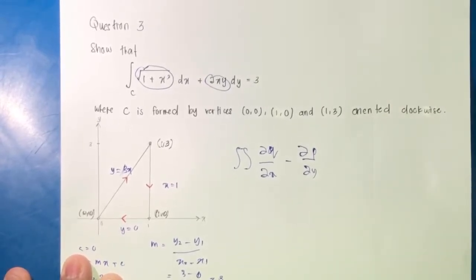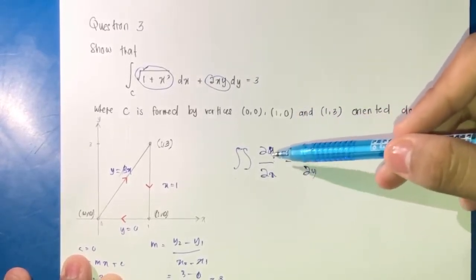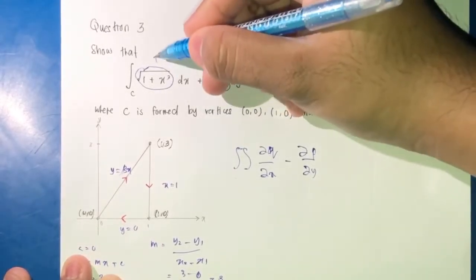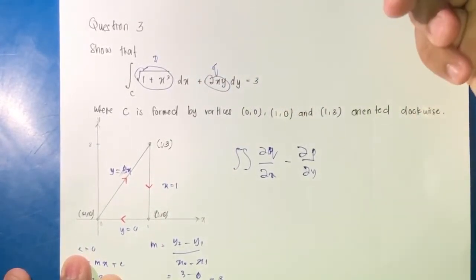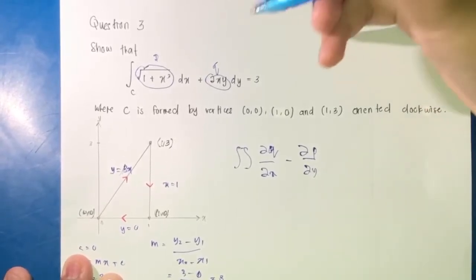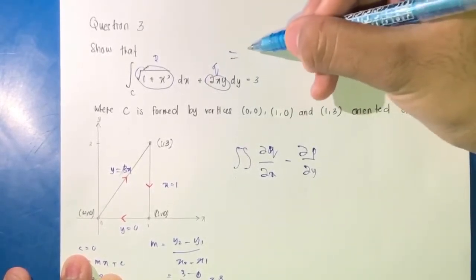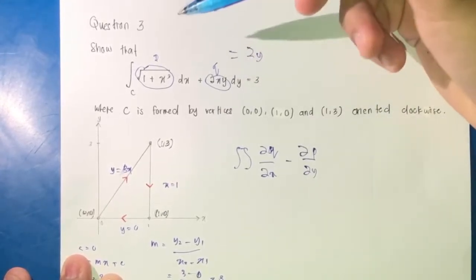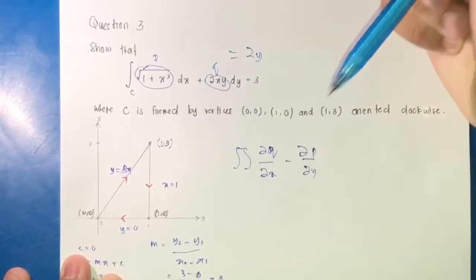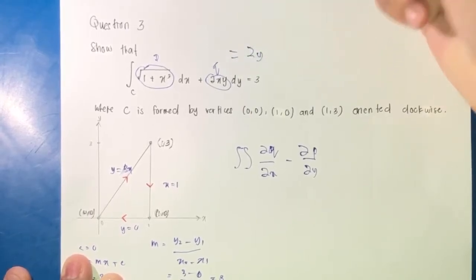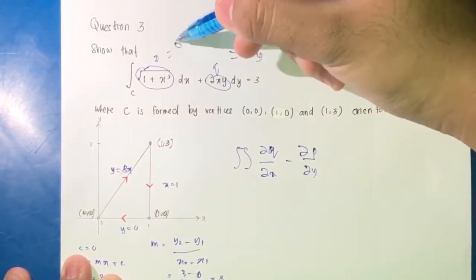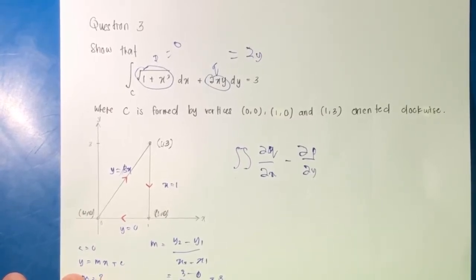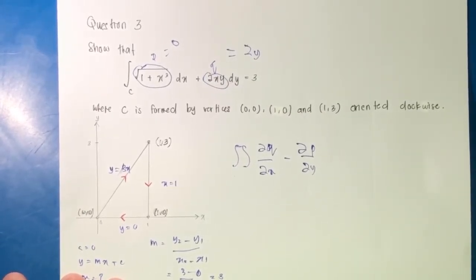By using del q over del x, we get 2y here. As for del p over del y, we get 0, since everything is constant and there is no y here.